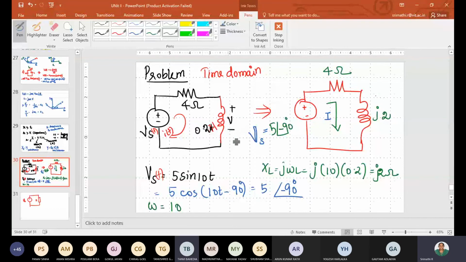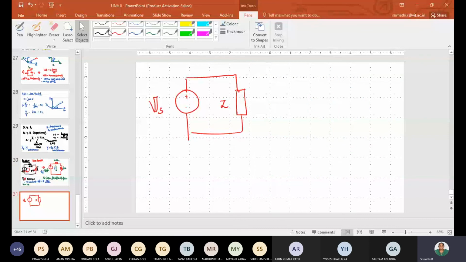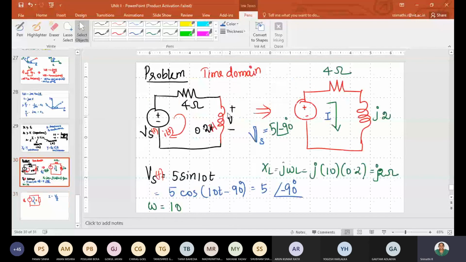inductor. Either you can find this capital I, which is nothing but Vs by Z. So you know your I, for this series circuit. After finding I, how will you find the voltage across this element?